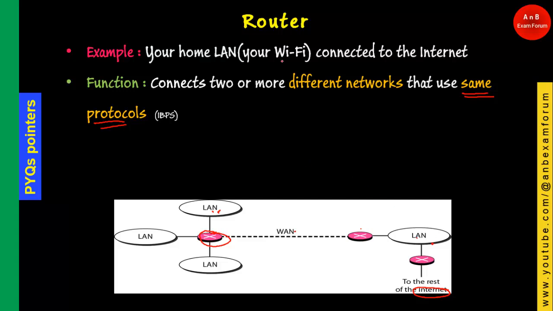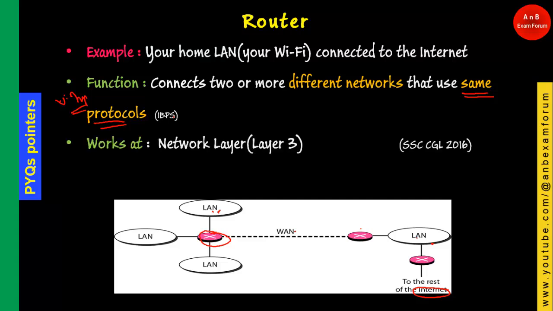If it is using some legacy protocol or some custom protocol, it is not going to operate. This is a very important pointer for your exam. It connects different networks that use the same protocol, and it works at network layer 3. This was asked in SSC CGL 2016.